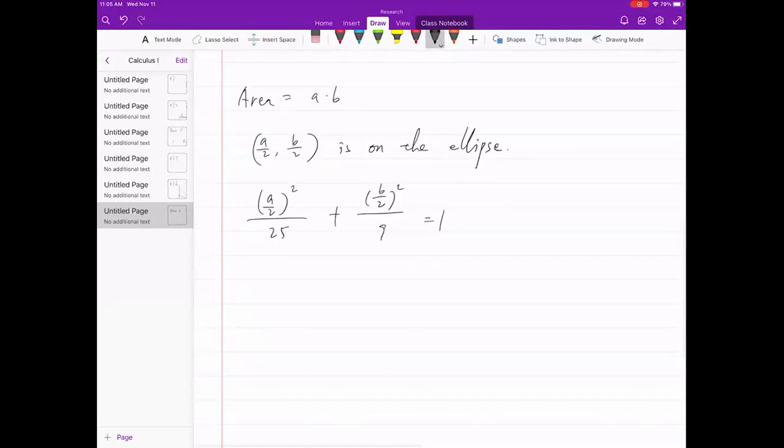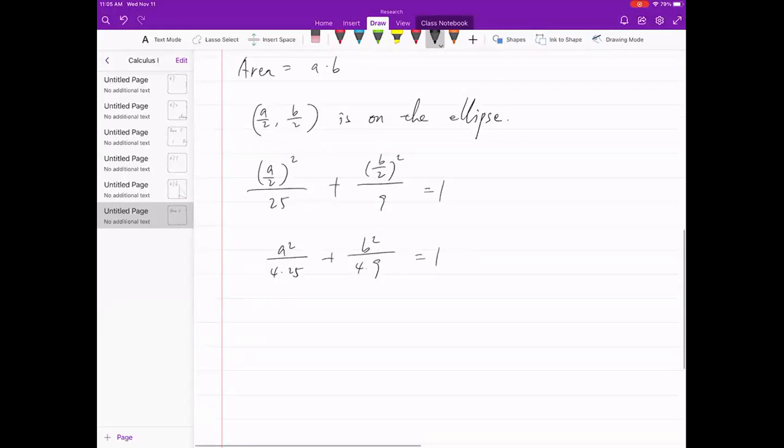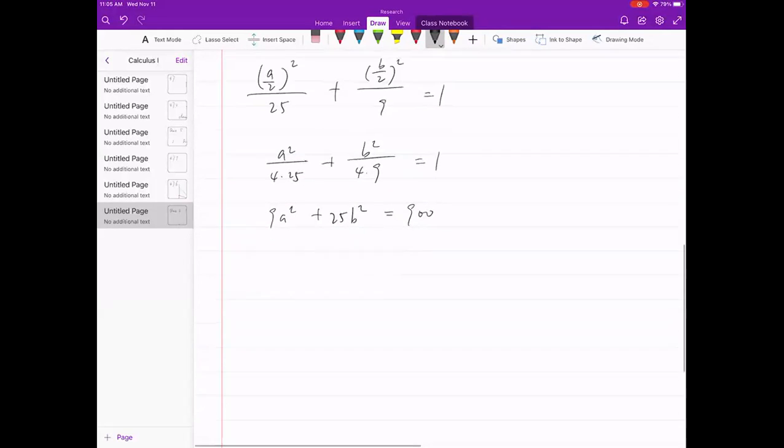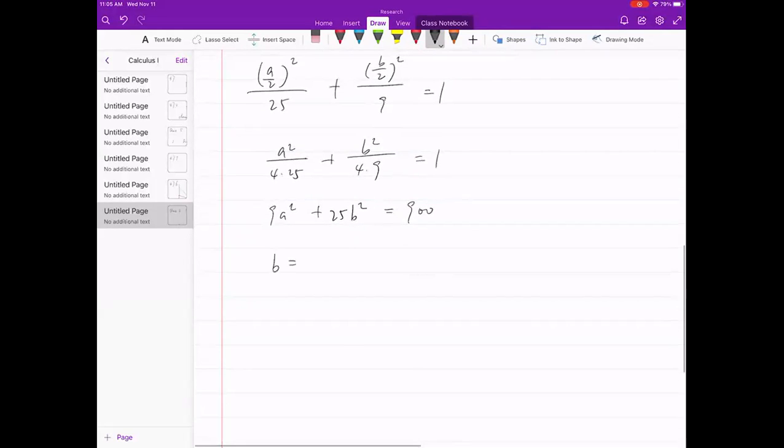It's going to be hard, but not impossible. Well, let's times 900 on both sides. B equals 900 minus 9a squared divided by 25, then square root.